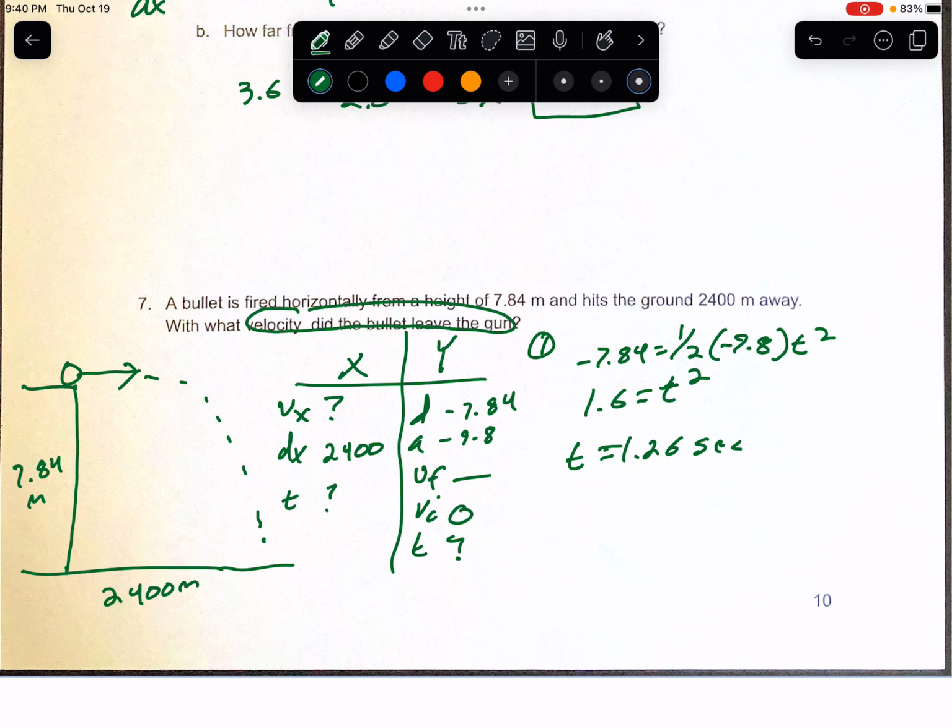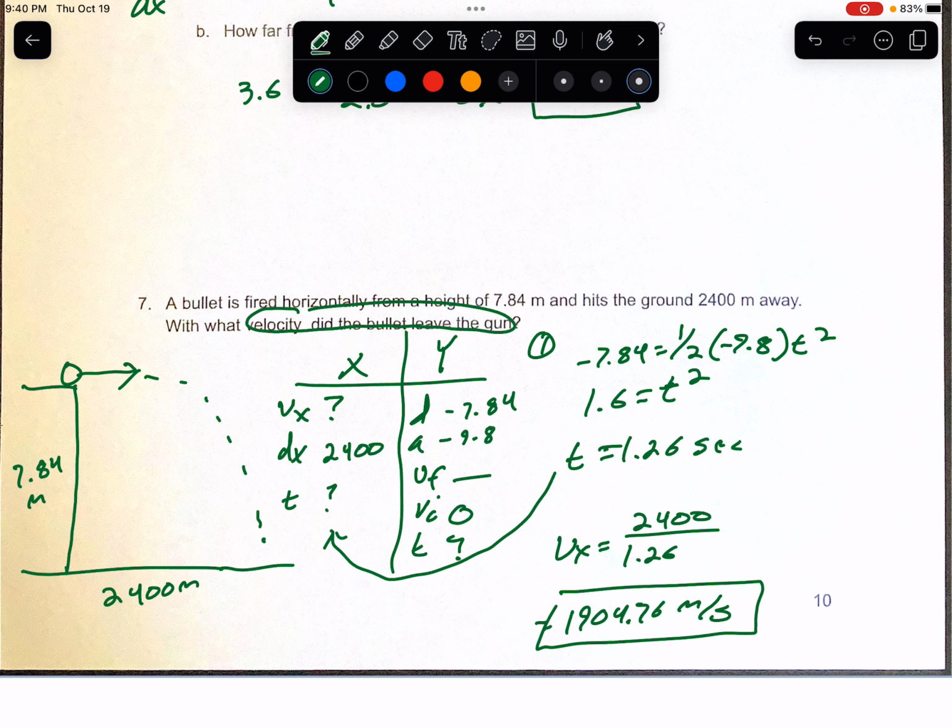Now I can bring that over here and do V equals d over t. So Vx equals dx over t, so 2,400 over 1.26. And you're going to get a velocity of 1,904.76 meters per second. And that'll end that one.